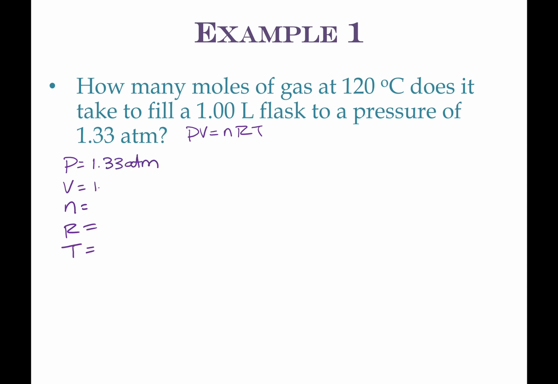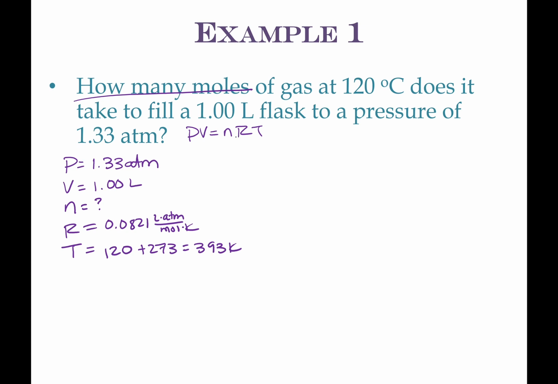Volume, 1 liter. Temperature, 120 plus 273 is 393 Kelvin. n, how many moles is what we're looking for, and R, 0.0821 liters times atmospheres over mole times Kelvin.